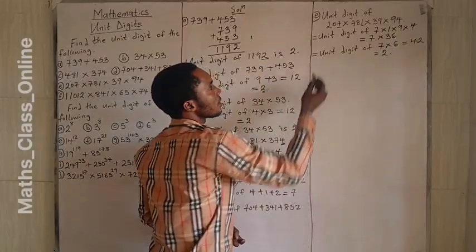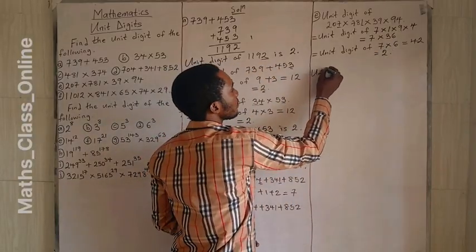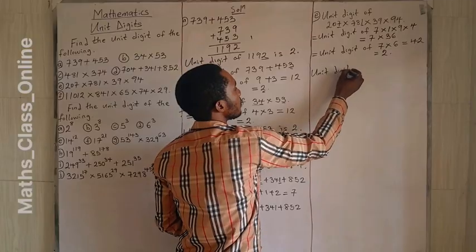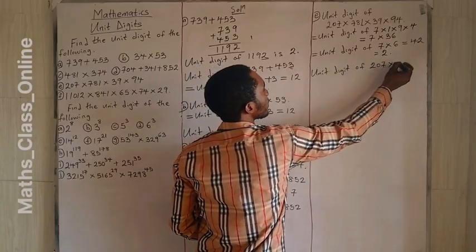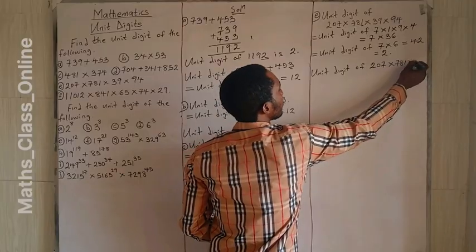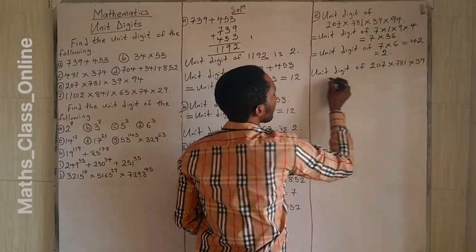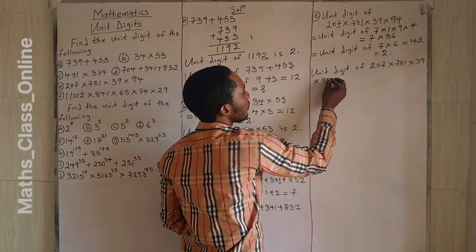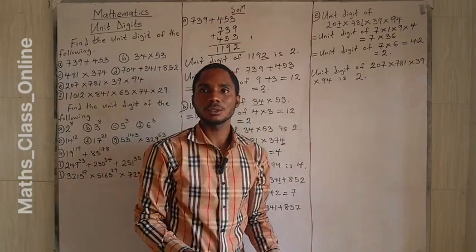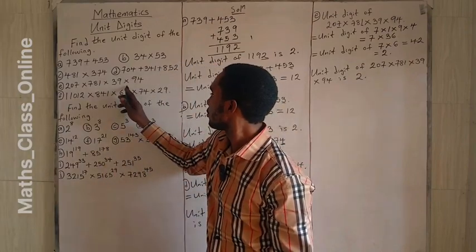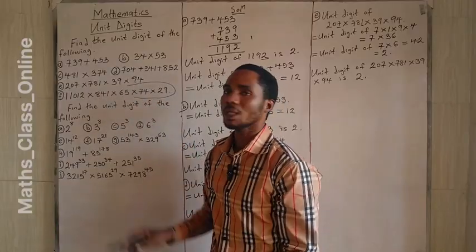That means that the unit digit of 207 multiplied by 781 multiplied by 39 multiplied by 94 is 2. With this explanation, what is the unit digit of the multiplication of these numbers?